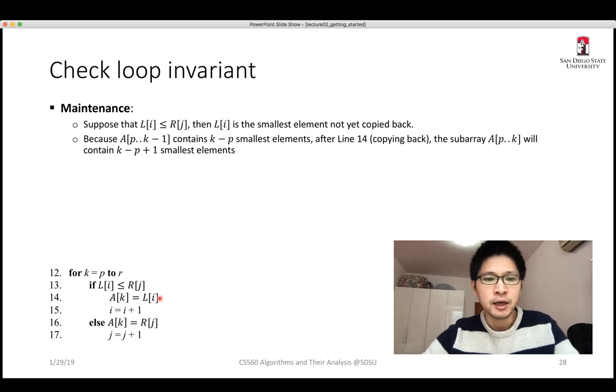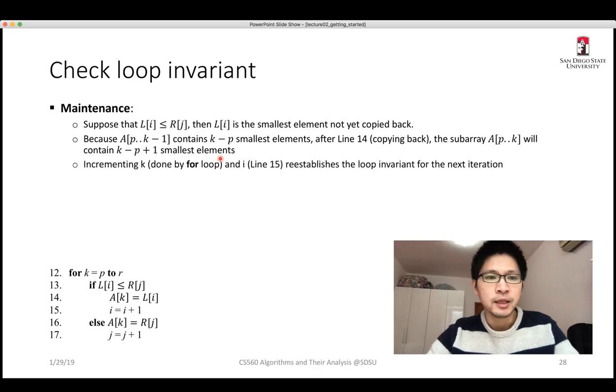After we copy L[i] back to A[k], the subarray A[p..k] will contain k-p+1 smallest elements, because we copied one more element back. Incrementing k and i will reestablish the loop invariant for the next iteration. So the maintenance condition is also satisfied.